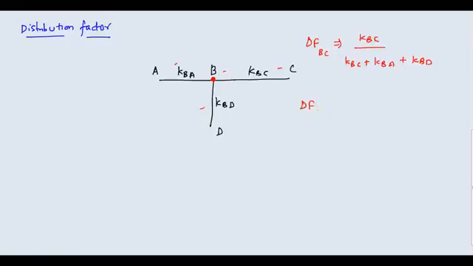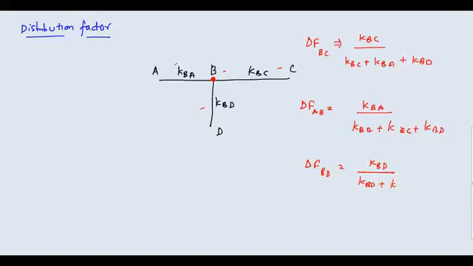Similarly, the distribution factor of BA is KBA divided by KBA plus KBC plus KBD. And in a very similar fashion, you can write the distribution factor for BD, which will be KBD divided by KBD plus KBC plus KBA. This is how you are going to evaluate the distribution factor.